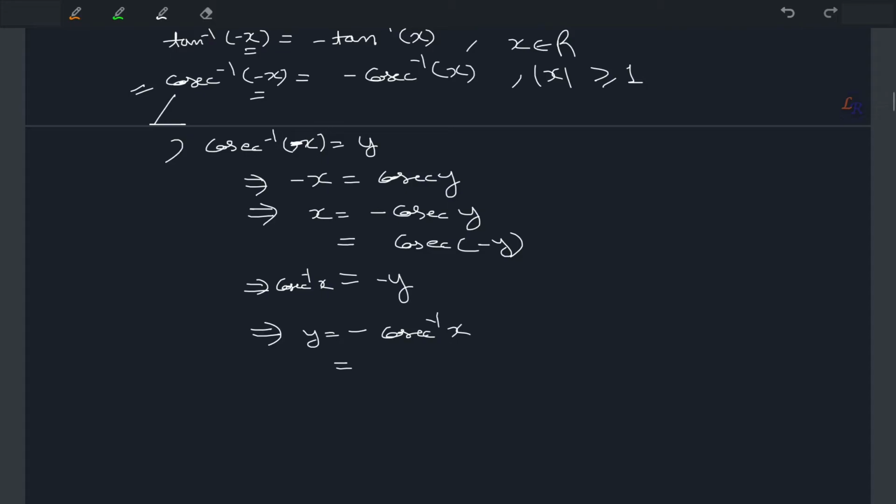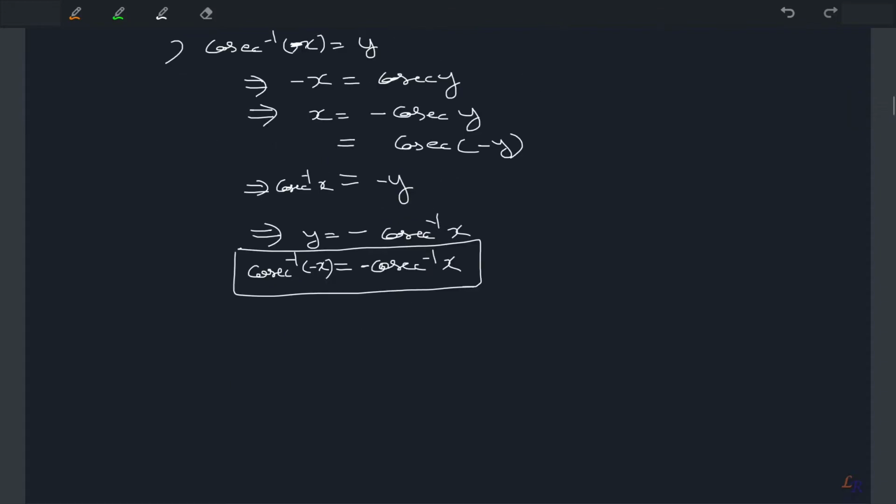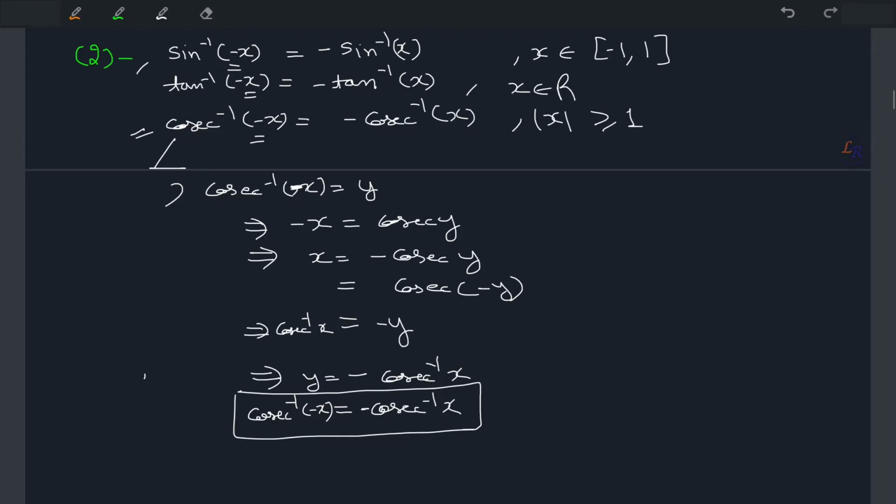You put in the y you have assumed, so you can write cosec inverse minus x is equal to minus cosec inverse x, right? So now you have easily proved it. Similarly, you can do the rest, the remaining sine and tan, try it and you will enjoy it.